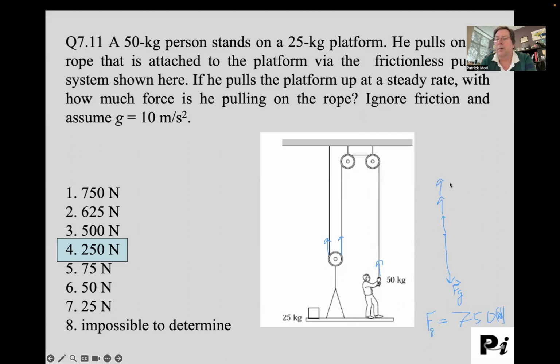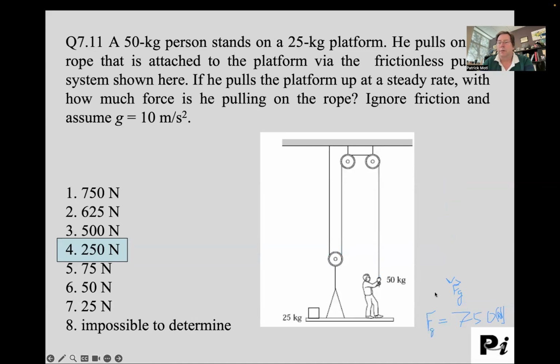So the vector sum of all 4 of those forces together gives us 0. And 3 times the force of tension equal to the weight means that the force of tension is 1/3 of the weight, so 250 newtons.